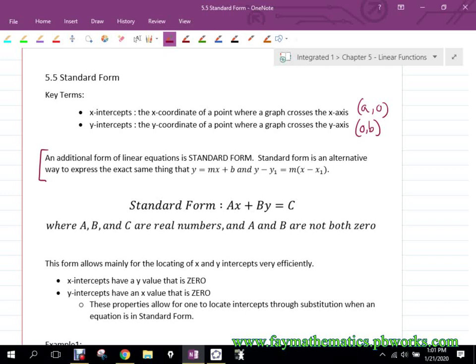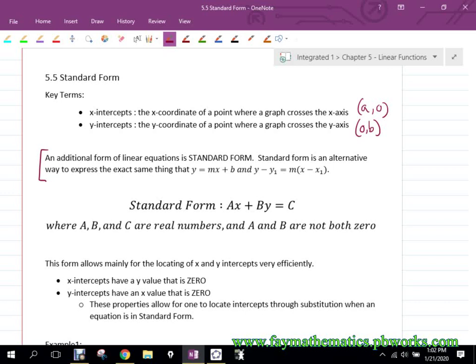First off, a, b, and c are going to be real numbers. A and b are not both 0. If they're both 0, we get 0 equals some other number, and that doesn't make any sense. So we have to have a and b, one or both, existing as coefficients.